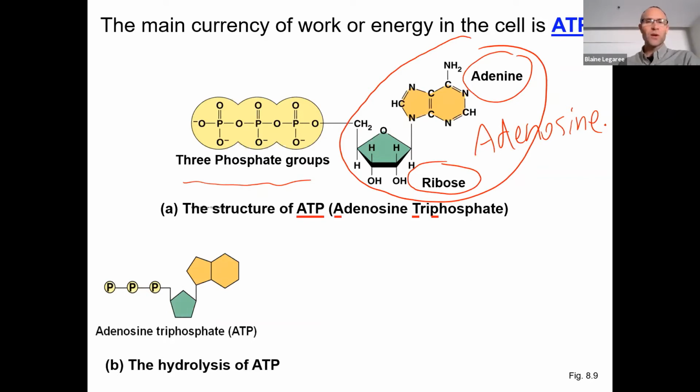And how does this work? One thing I noticed when I look at this molecule, and these are the kind of things, you take your chemistry and you learn things, and sometimes you can apply it. I'm looking at this molecule, and what do I see? I see negative charge, negative charge, negative charge, a bunch of oxygens. Oxygens are very electronegative, and so there's an issue with the molecule.